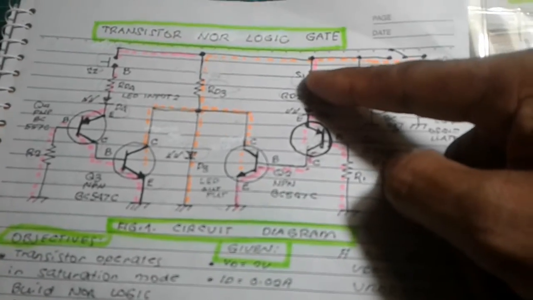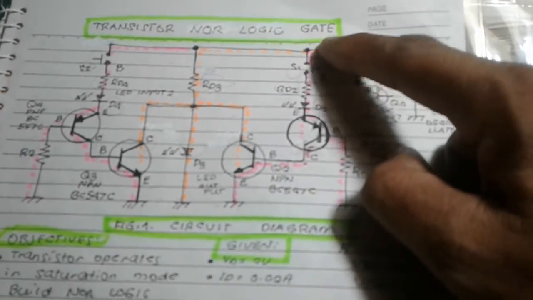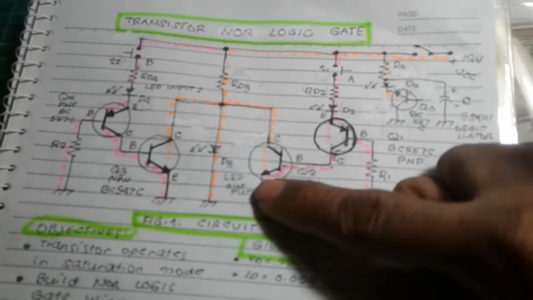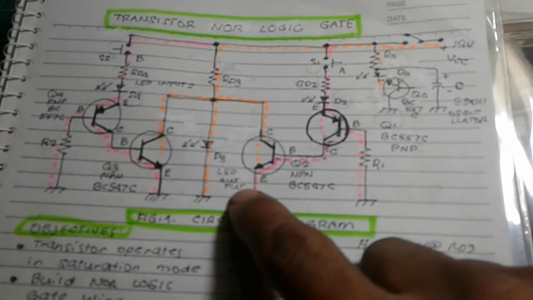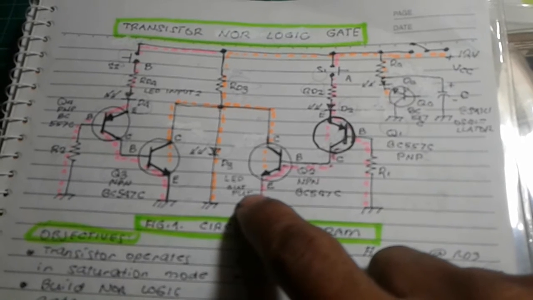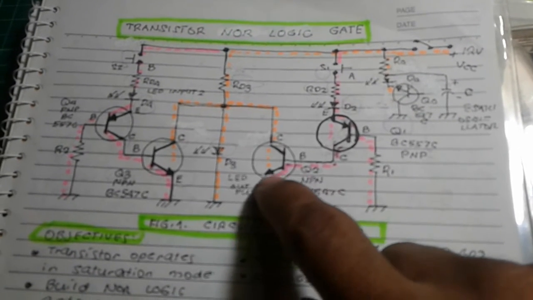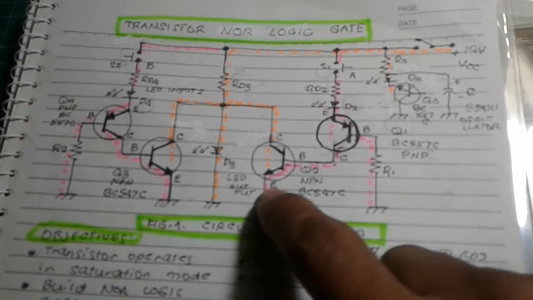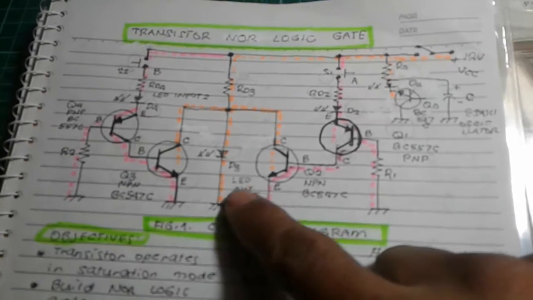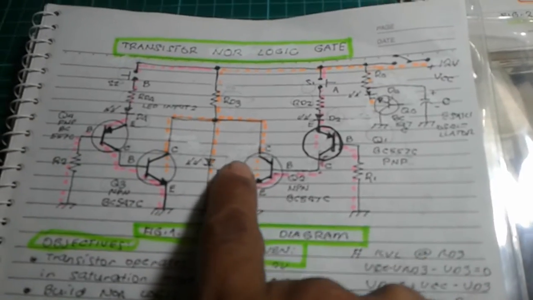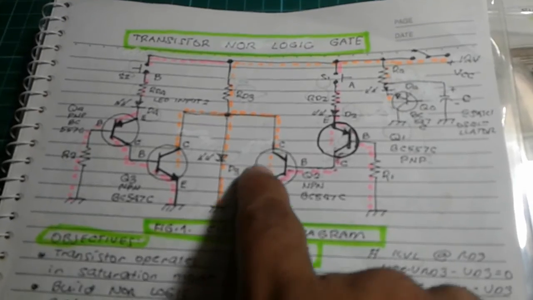When you close the switch, push the button, current flows to the transistor and to the ground, making the transistor operate in saturation mode. It means transistor is shorted here.